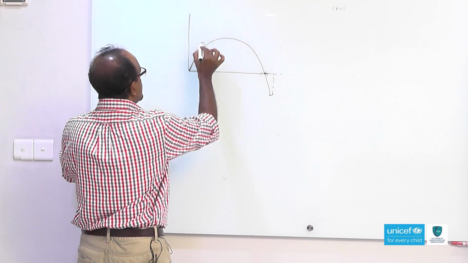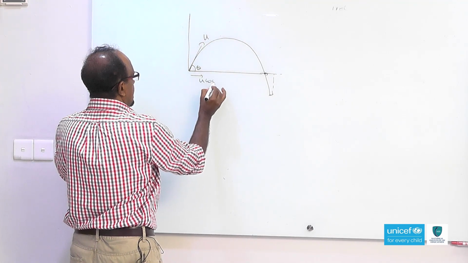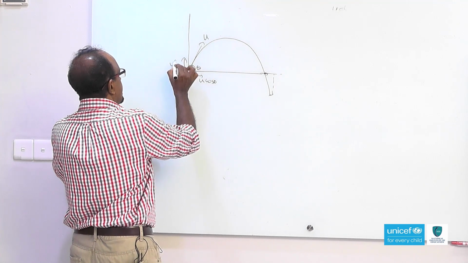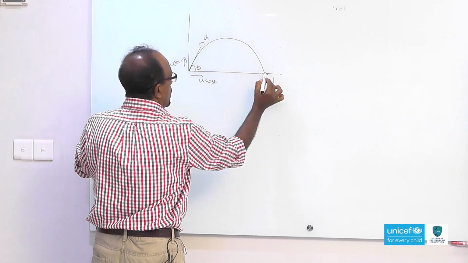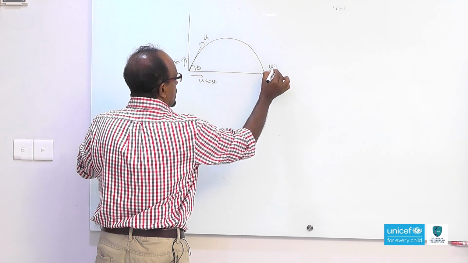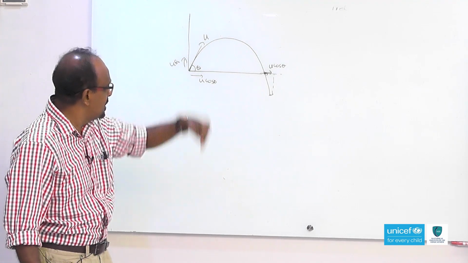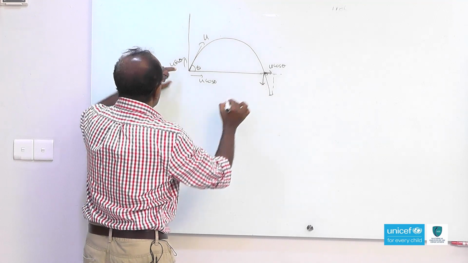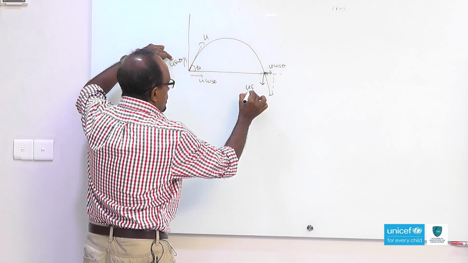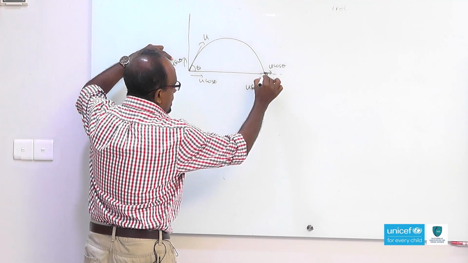So, when you do this one, this is u, this is theta, u cos theta, and this will be u sin theta. Then remember students, u cos theta will not change when it falls to the ground, it is also u cos theta. When the body just hits the ground, the vertical velocity component also will be the same as this u sin theta. So, you can see how it is moving.